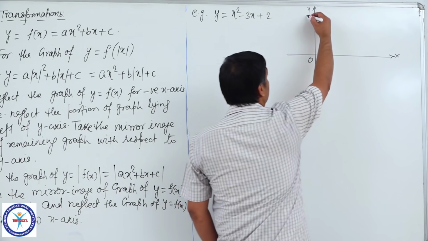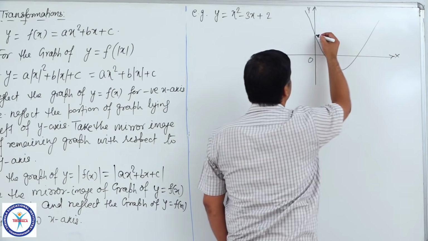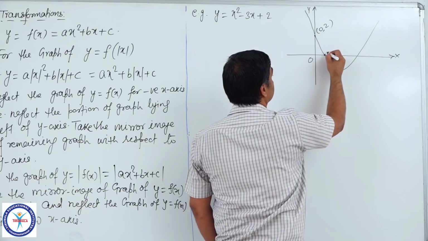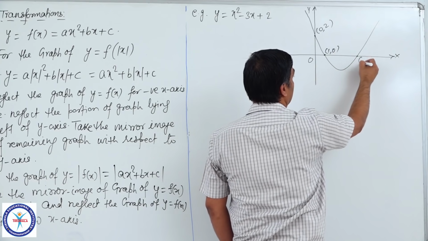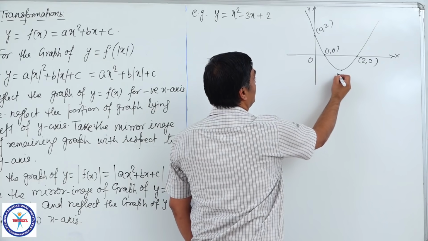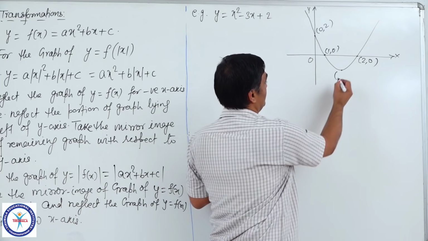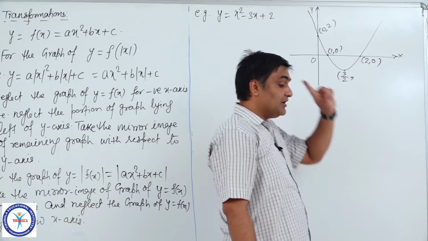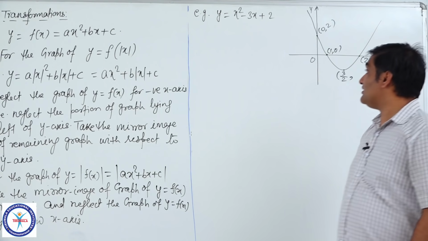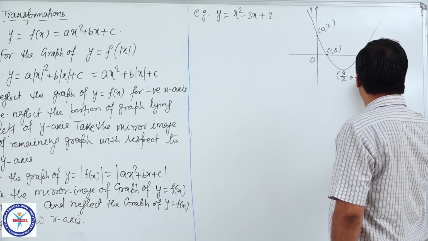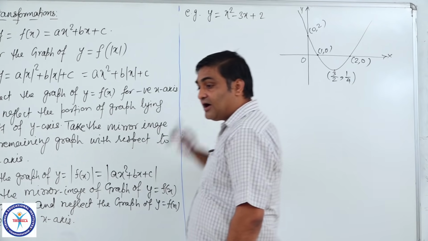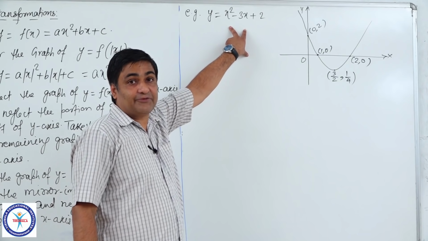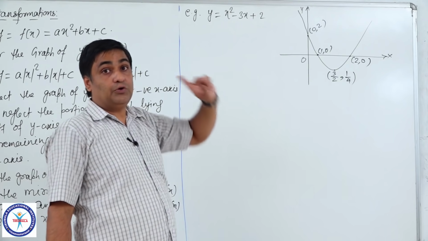So the rough sketch will be like this: 0, 2, 1, 0, 2, 0, and minus b by 2a means 3 by 2, comma minus d by 4a. What is the vertex? D is 1, isn't it? 1 by 4. See, this is the graph of y equal to x square minus 3x plus 2.